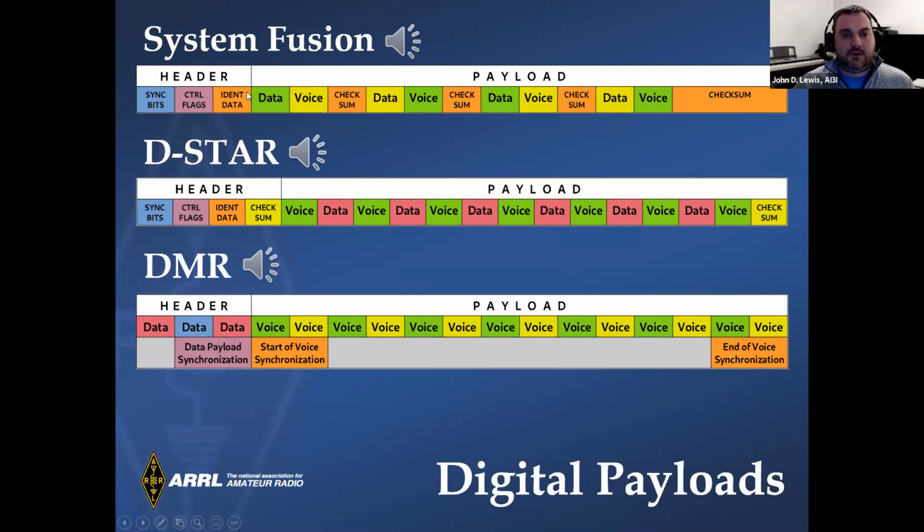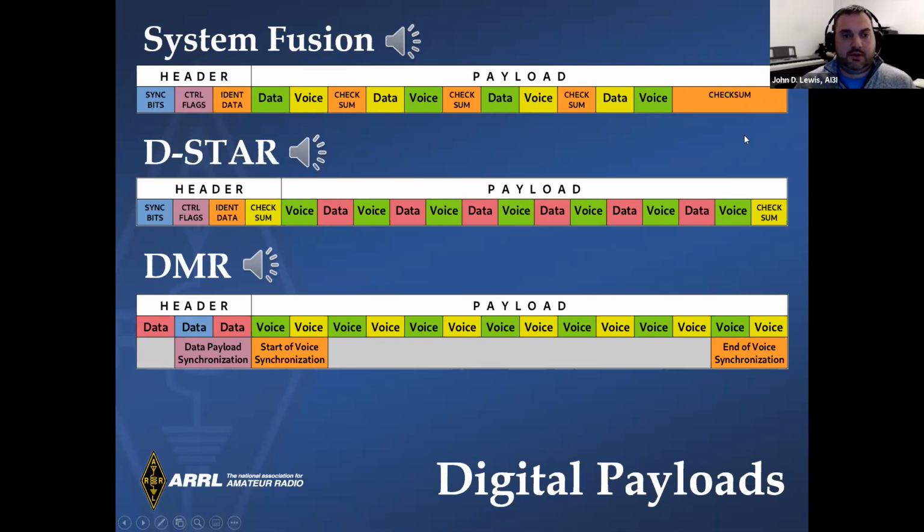And so the data payload, more or less coming from System Fusion, which happens several times in a few milliseconds, of course, is data, voice, and a checksum, data, voice, and a checksum, et cetera. And then it ends with a big fat checksum. So basically, this checksum isn't necessarily used for voice at that point because it's adding a summed checksum as it goes here. But this is important for the data portion of your payload.